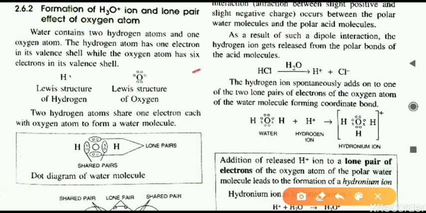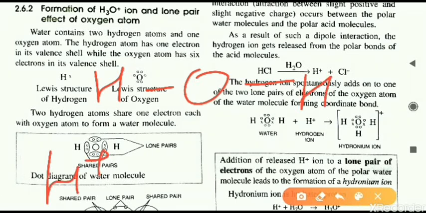Oxygen in the center already has two covalent bonds with hydrogen atoms. Another H+ ion, not the atom, the H+ ion, wants to get the benefit of the lone pair. Two lone pairs are there, and only one will be used in this case. Now this hydrogen will also get involved in the bonding. Here we draw an arrow, because one of these three bonds is actually a coordinate bond.